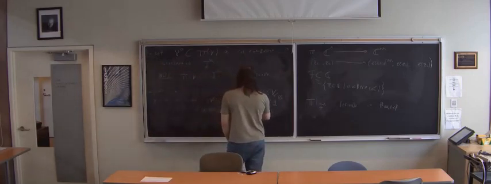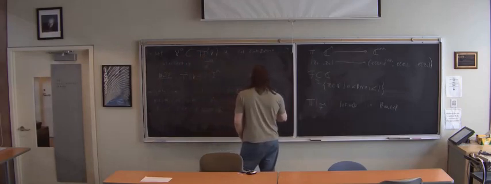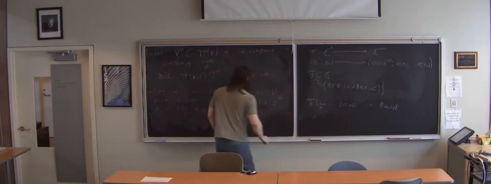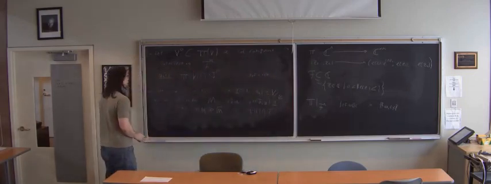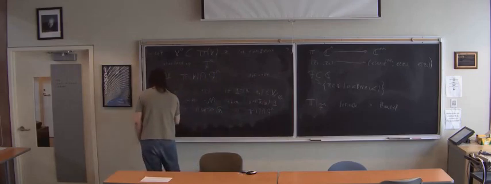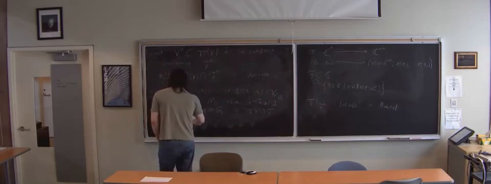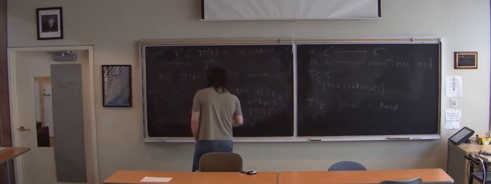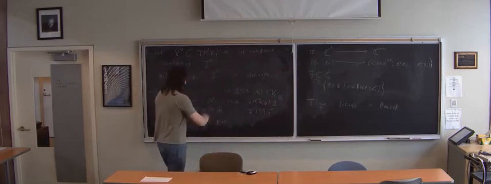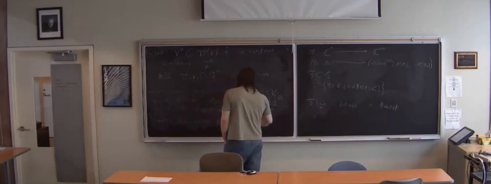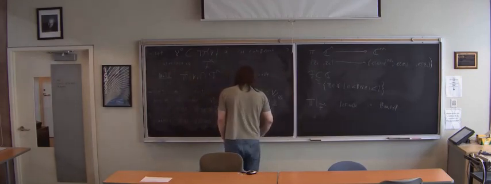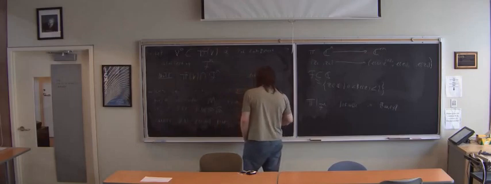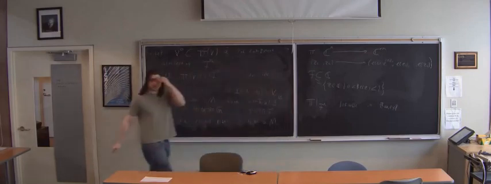And so if you look at pi inverse V intersect F to the n, this contains phi of m rational points, of height at most m.